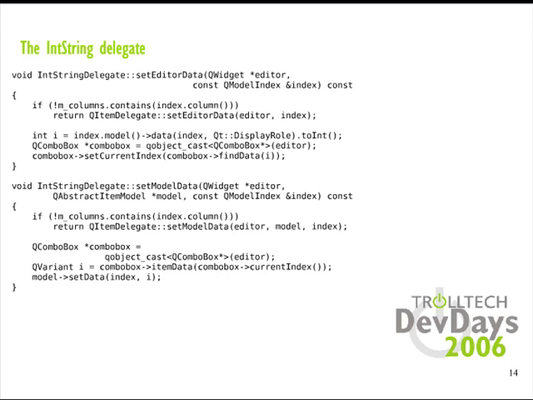Again, I get the data from the data source, and I make the combo box's current index the one that has the data value. I don't match on strings, I match on my underlying codes. So for example, if those strings were translated, it's not going to be a problem because I'm matching on the real codes. All right? Now, for set model data, that's only going to happen if they accept the edit.